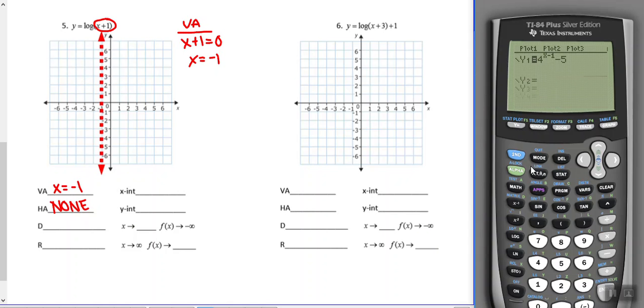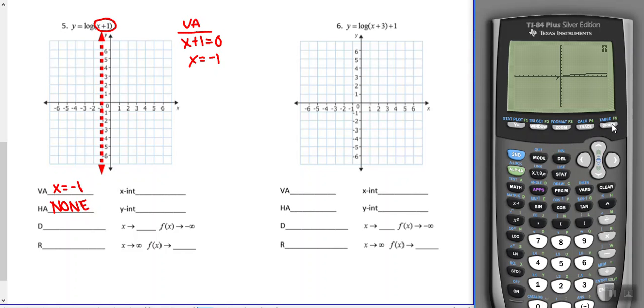Then I can go to my calculator and I can say y equals, remember, the log button is next to the number 7. So log of x plus 1, close your parentheses, hit graph. The log functions are tricky because it looks like it stops. Remember, when you graph it, you need to continue the function.